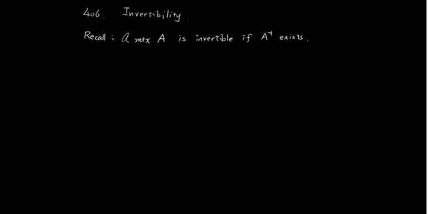So there are several ways to think about this. If you are trying to solve A times X is equal to B, then X must be A inverse times B. Okay, that is the unique solution.